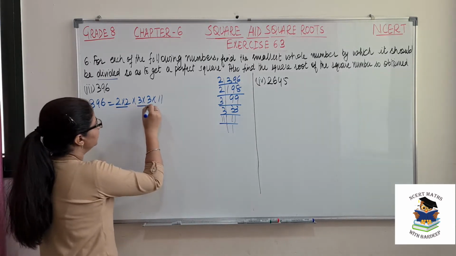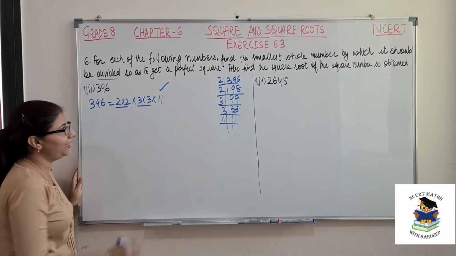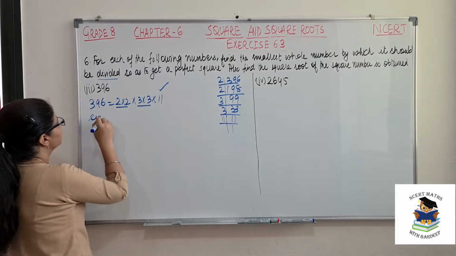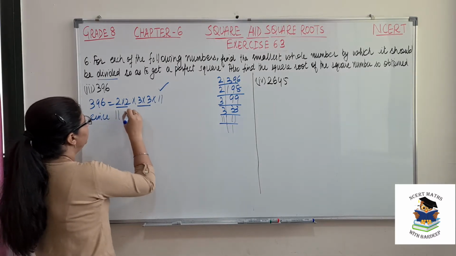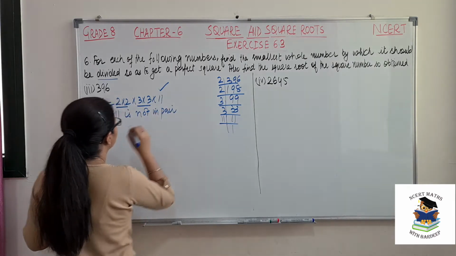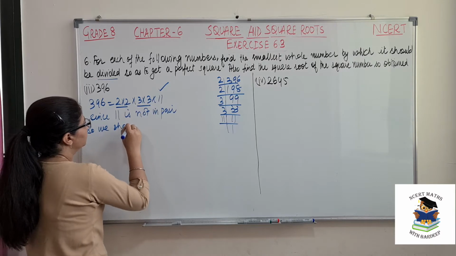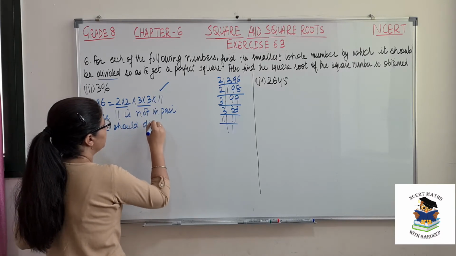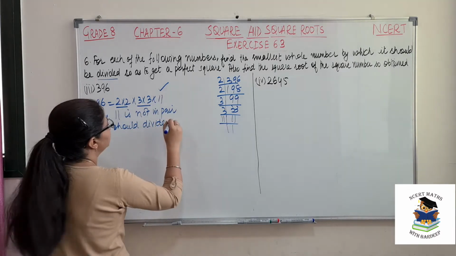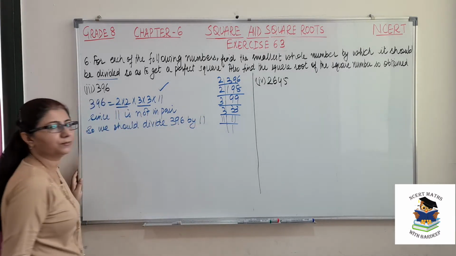So these are in pairs. So we should divide our number by 11. So we will write: since 11 is not in pair, we should divide our given number, that is 396, by 11.